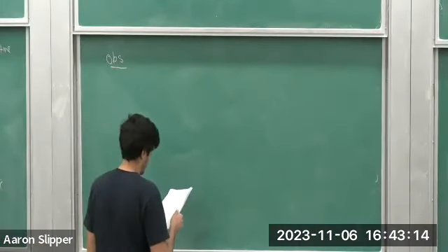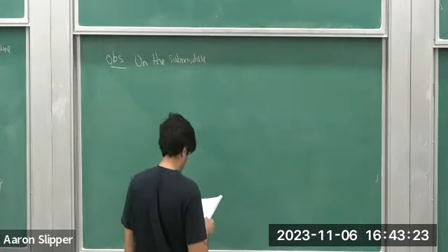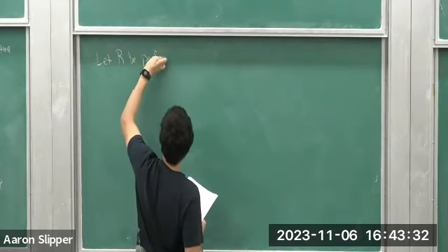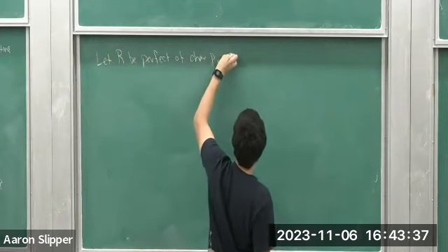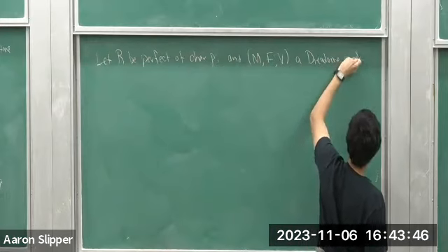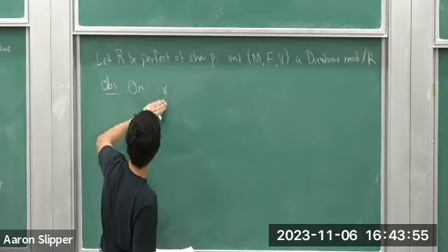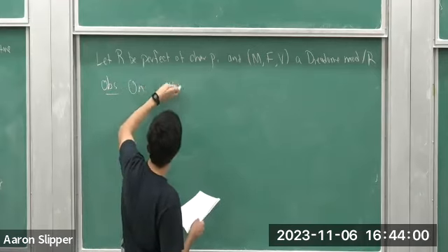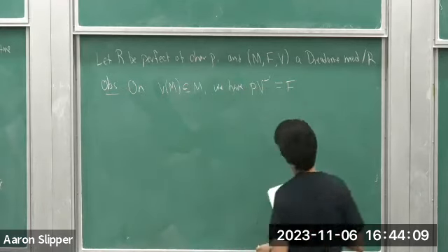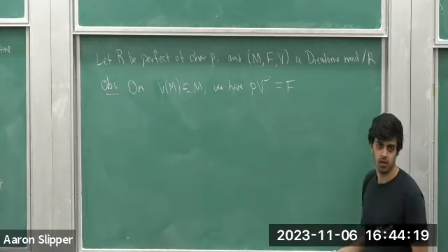So the observation that one can make in this setting is that on the submodule V of M, we have that p V inverse equals F. And so this V inverse somehow is recording why F is divisible by p on that level.